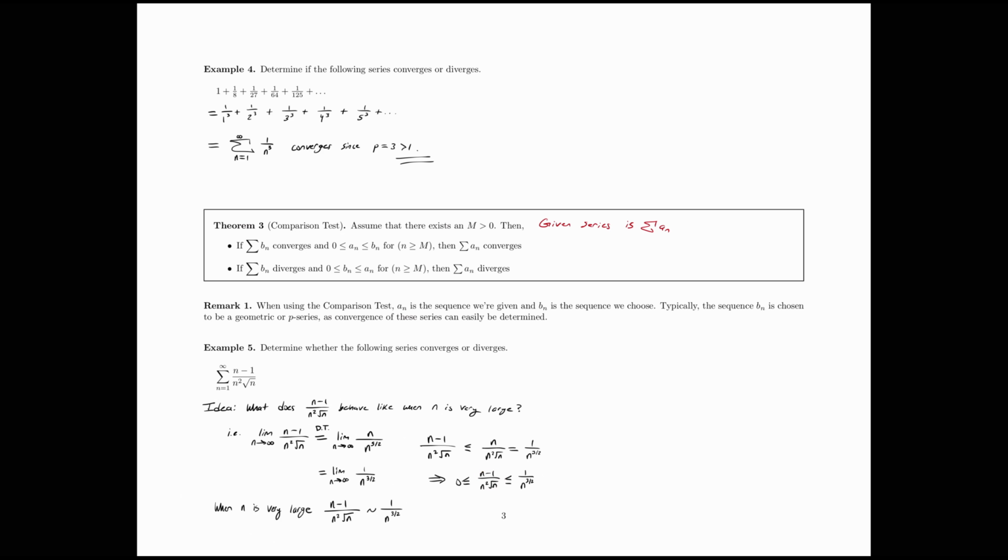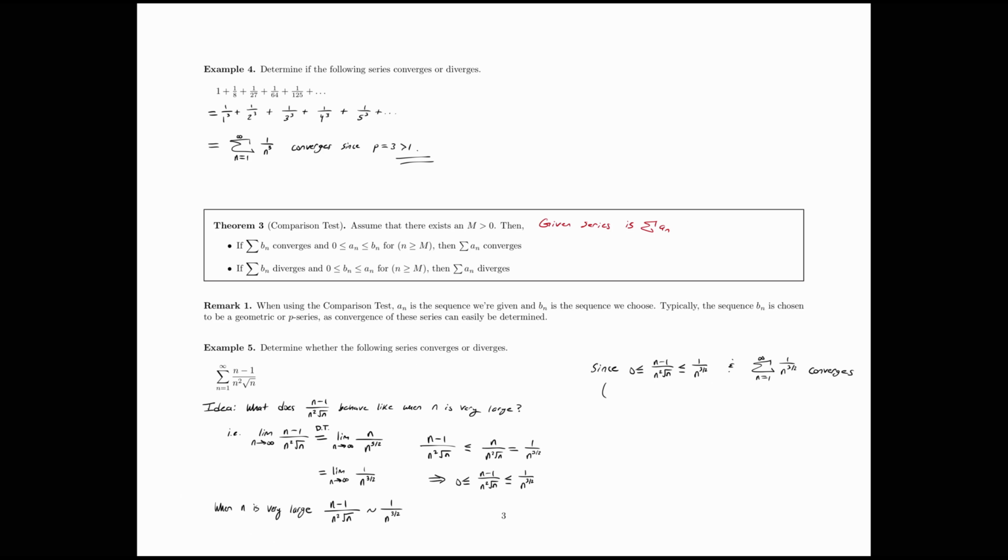Okay, so let's go over here and write down our little mini proof. Since we have this inequality, and the series from n equals 1 to infinity of 1 over n to the 3 halves converges, why does it converge?